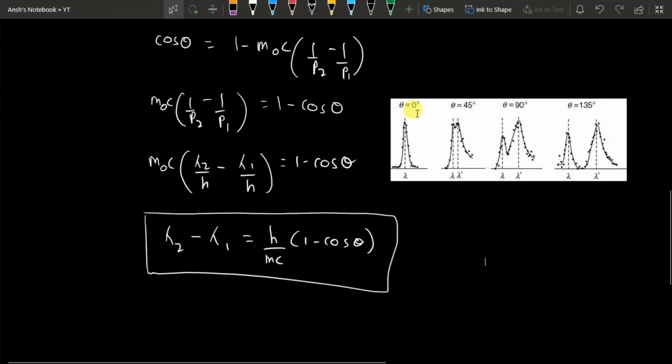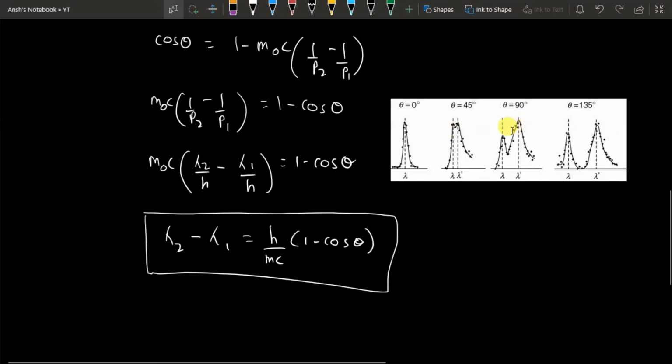So when theta is equal to 0, the wavelength shift will be equal to h over mc, and we can barely differentiate between the incoming photon and the outgoing photon. When theta increases to 45 degrees, we can clearly see two separate peaks right here. The first peak corresponds to the incoming photon, since it has a lower wavelength, and the second peak corresponds to the outgoing photon, since it has a higher wavelength.